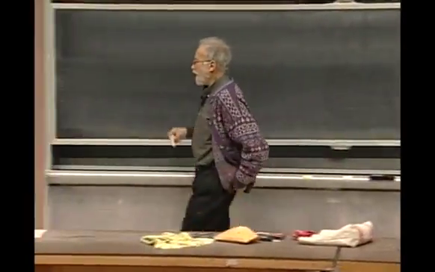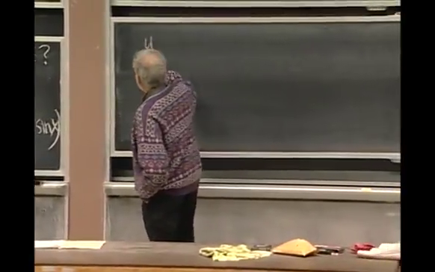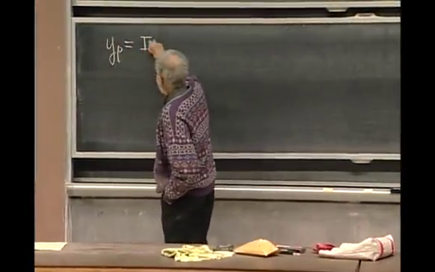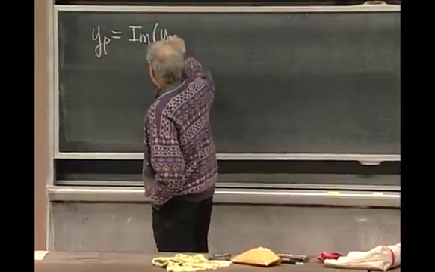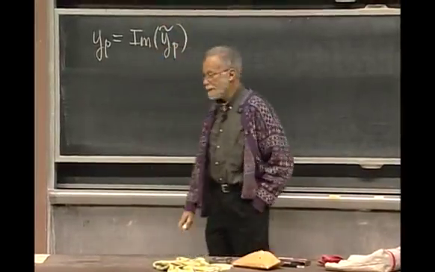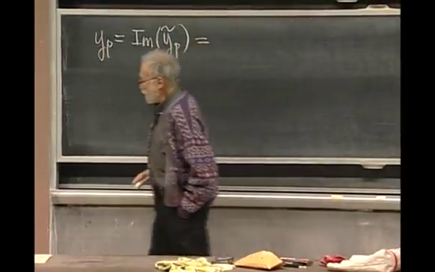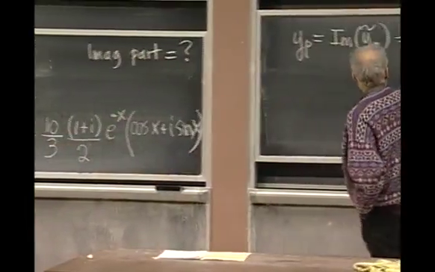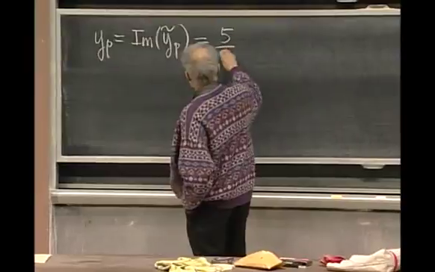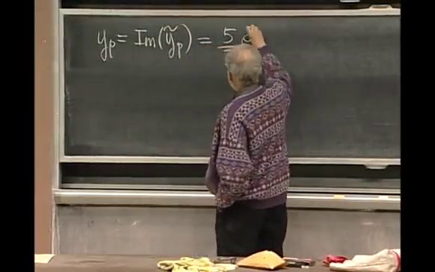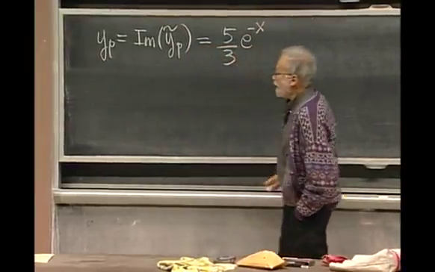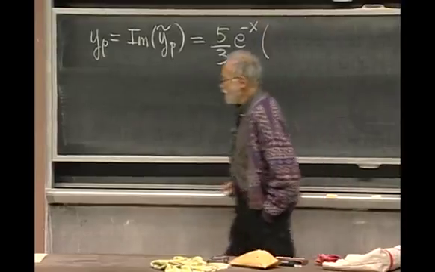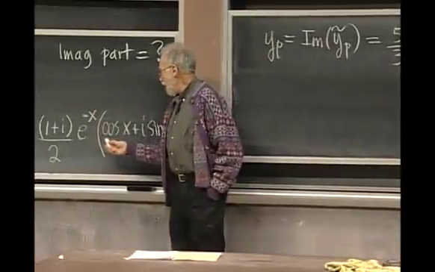The solution then finally is going to be yp is the imaginary part of yp tilde. And what's that? Well, what's the coefficient out front, first of all? It's 5/3. So let's pull out the 5/3 before we forget it, and we'll pull out the e to the negative x before we forget that. And then the rest is simply a question of seeing what's left.